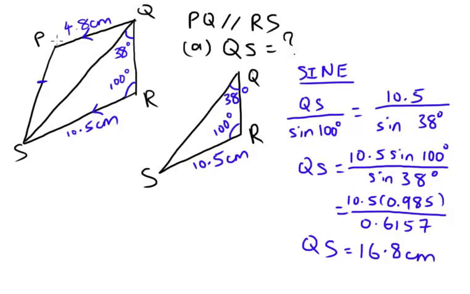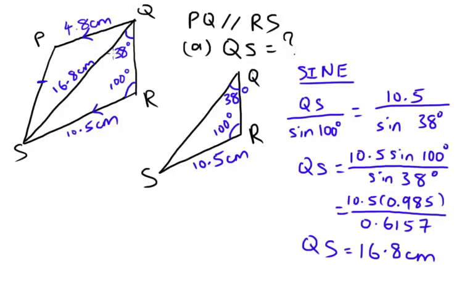Now we will focus on the triangle PQS. But before that, we need some information for the triangle. Now, you found QS, which is 16.8 cm. We need another angle. Let's see whether we can get some angle from the information we have.